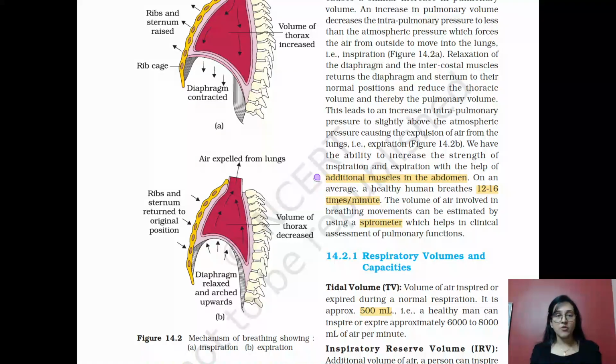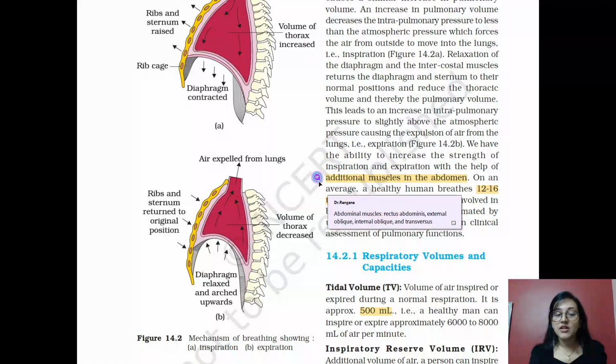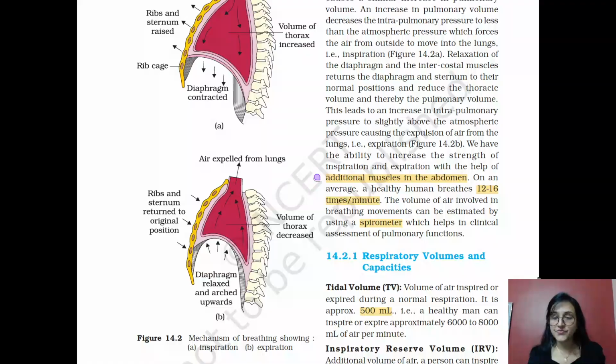It's a natural process. But sometimes we can do forceful breathing, like forceful inspiration and forceful expiration. So, in this case, some additional muscles come into action, which are the additional muscles in the abdomen. The names of these muscles are the abdominal muscles known as rectus abdominis, external oblique, internal oblique and transversus abdominis.